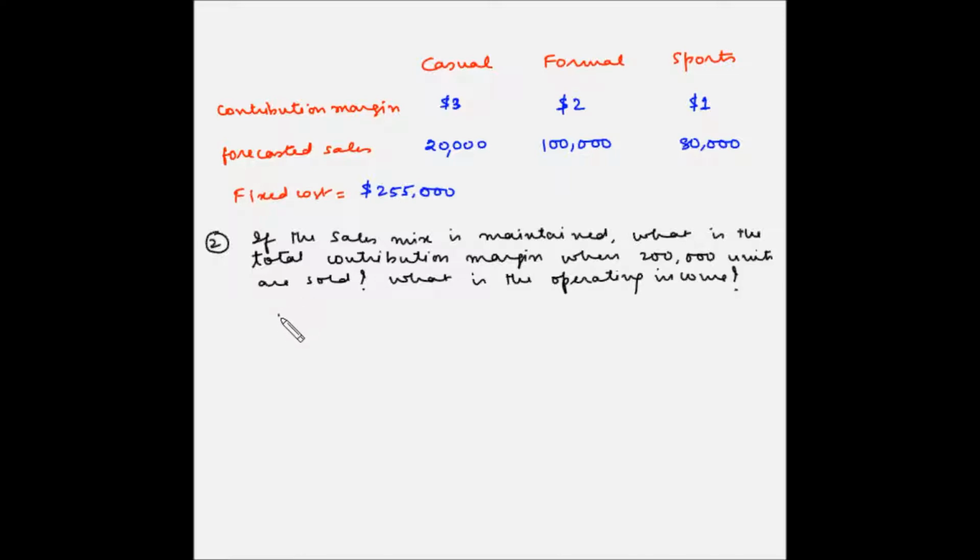So now the total contribution margin will be equal to the unit contribution margin multiplied by the number of units for each of the product types.